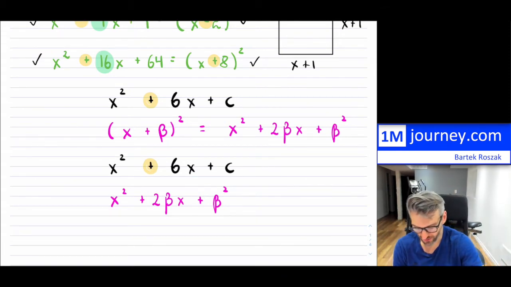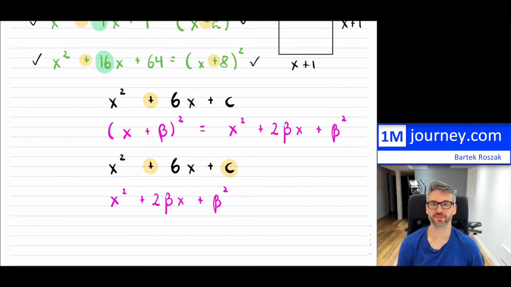I'm going to try to find what the c right here should be, based on that. So let's take a couple of steps, and then I'm going to show you through examples. At the end, it's actually pretty simple in this particular case, but I want to break this down for you so that you can see where it all is coming from and how to derive it for yourself.